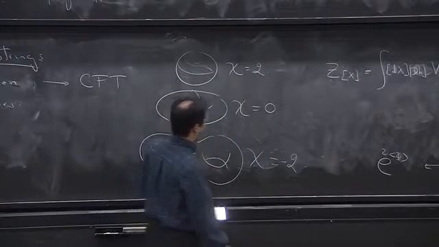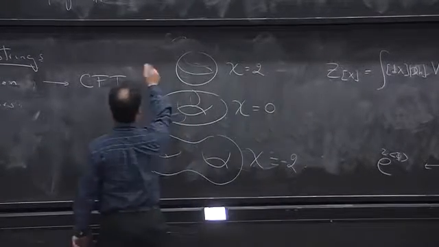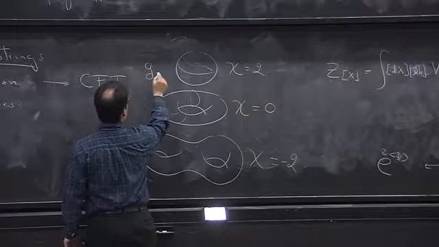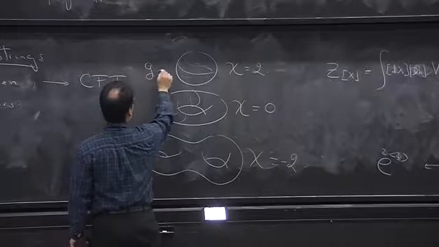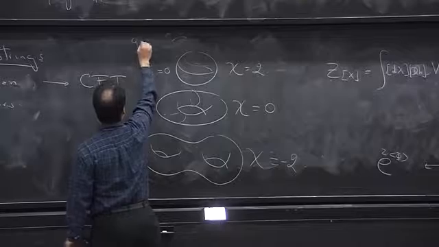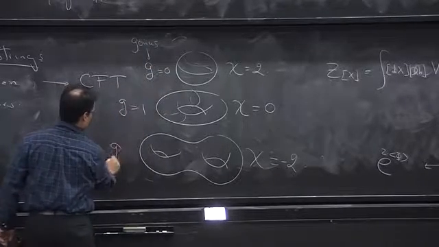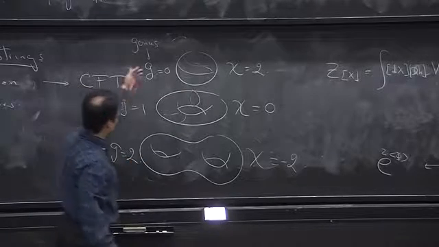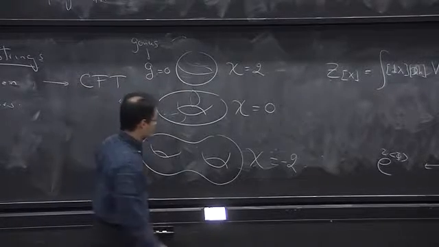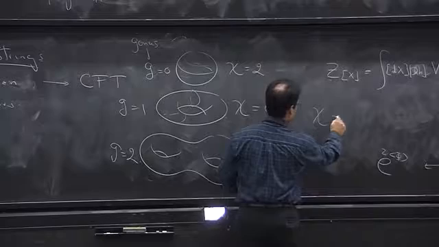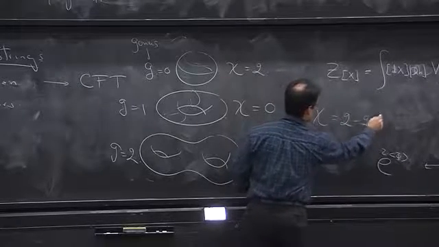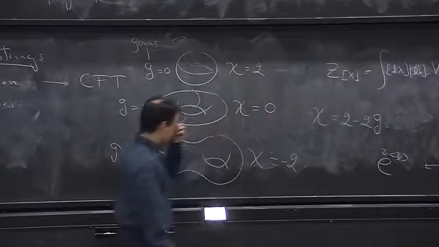Of course, in general, you know that this is a genus. If we have a surface with genus G, then the Euler characteristic will be 2 minus 2G. Okay?